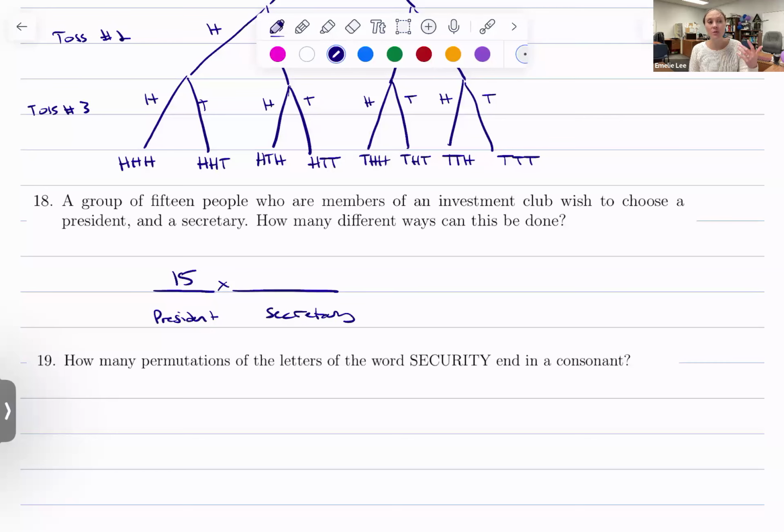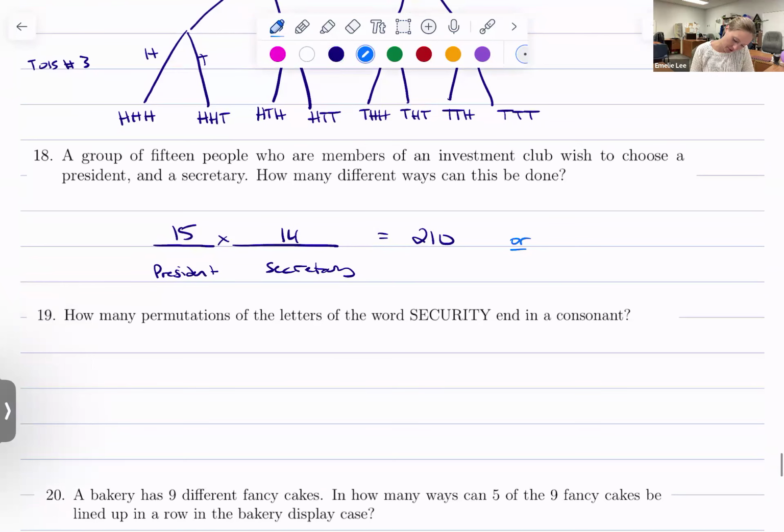But then when I've used a person as the president, I only have 14 people left. And so now I have 15 times 14, which means I have 210 ways to do that. Or if you prefer, you could use 15P2, which is 210. That's fine as well.